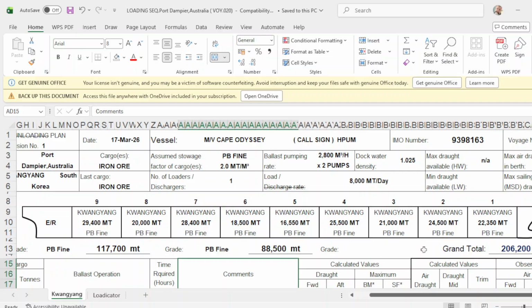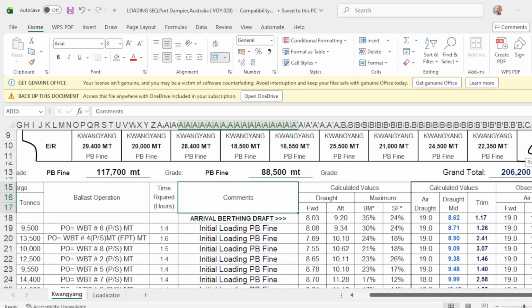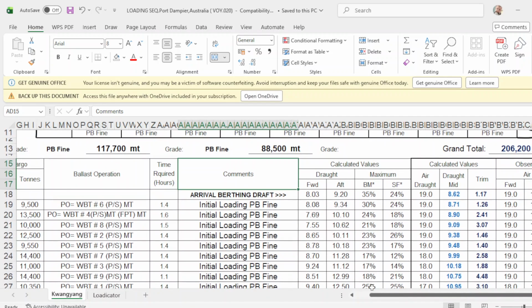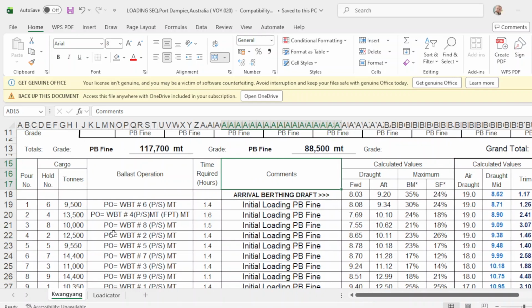Take note, guys, this loading sequence is based on the loadicator. So in each sequence, if you put cargo in each hold, it will show you the shearing force and bending moments.